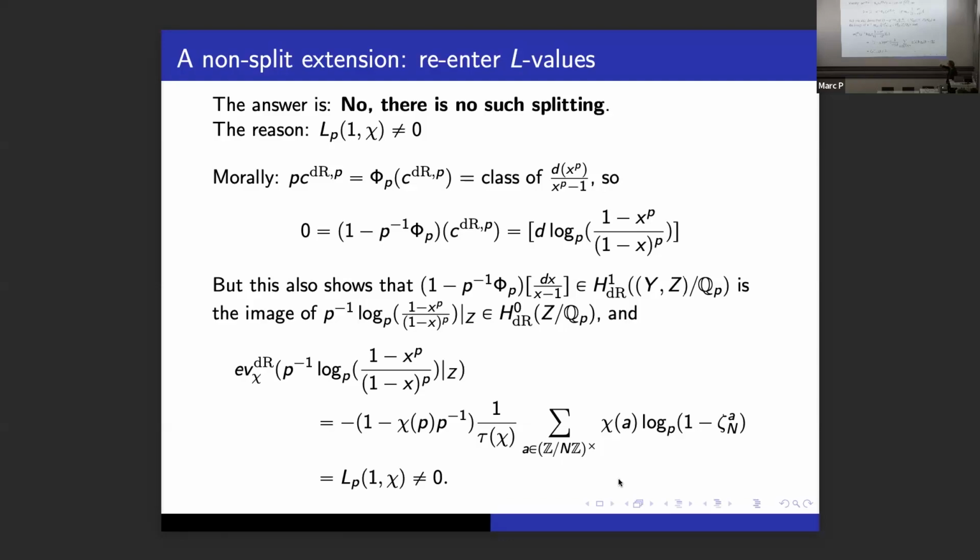Hopefully I've written this calculation correctly. You want to find a primitive of that differential, and formally it should look like this logarithm. And you can make that quite precise. There's a theory of integration in these spaces with p-adics.